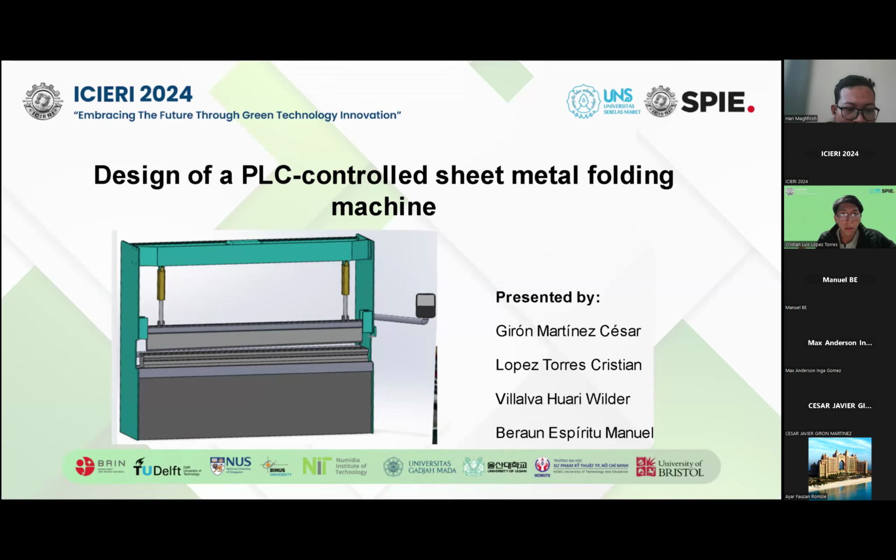In countries like Ecuador and Peru, small companies face challenges in automating metal bending due to high cost. This project aims to develop low-cost machines to make metal folding accessible to these companies, allowing them to improve productivity and reduce operational costs.